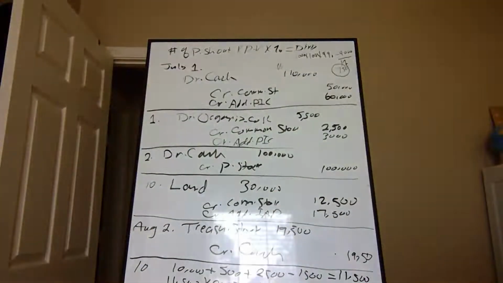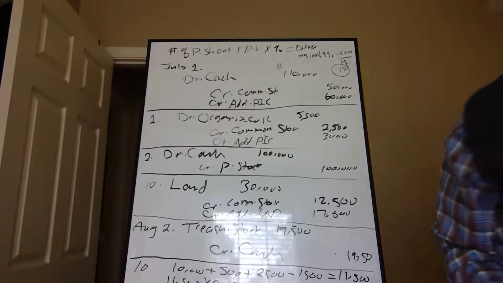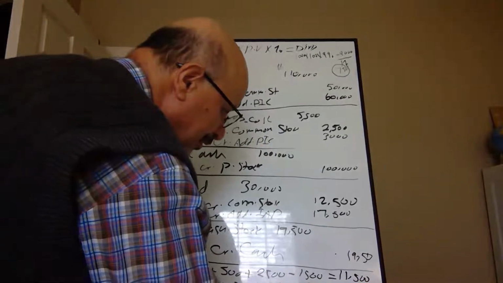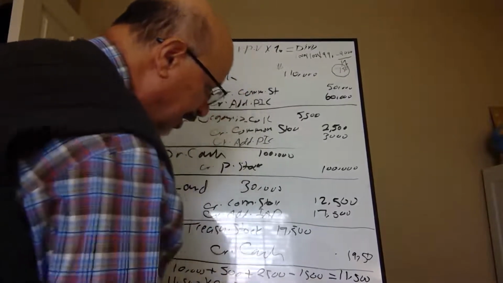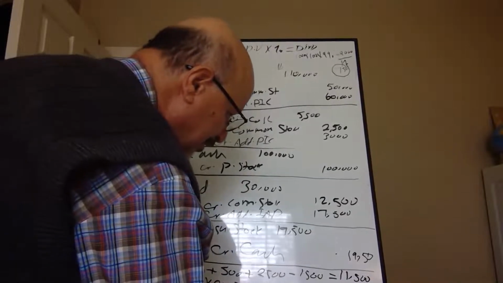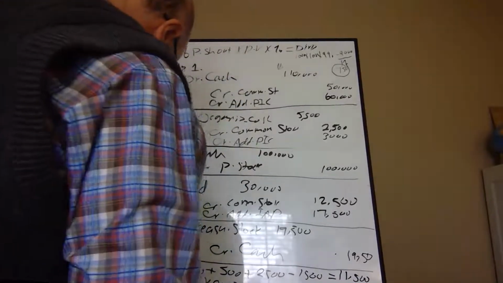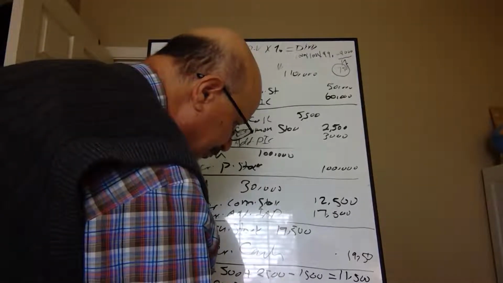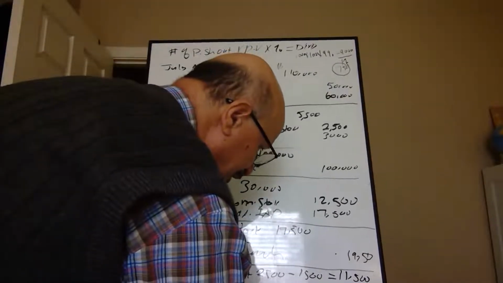The corporation is going to give $980: $230 for common shares and $750 for preferred. That gives us a total of $980.